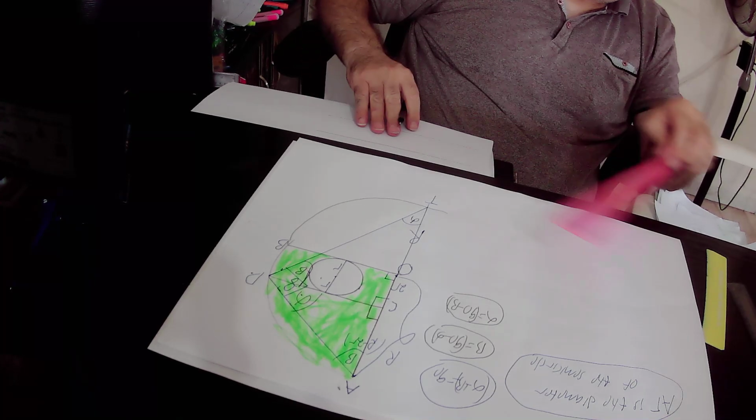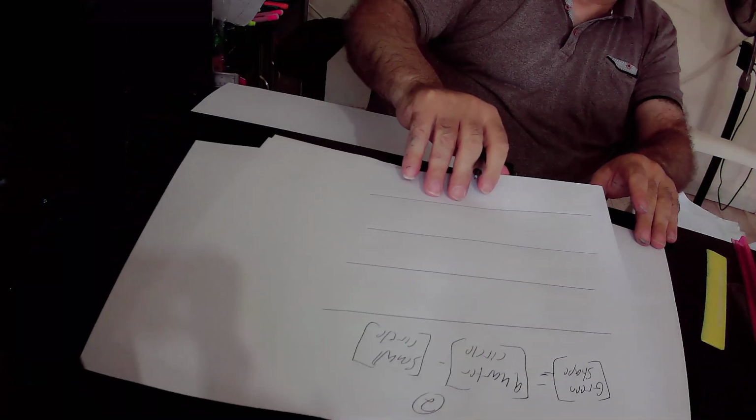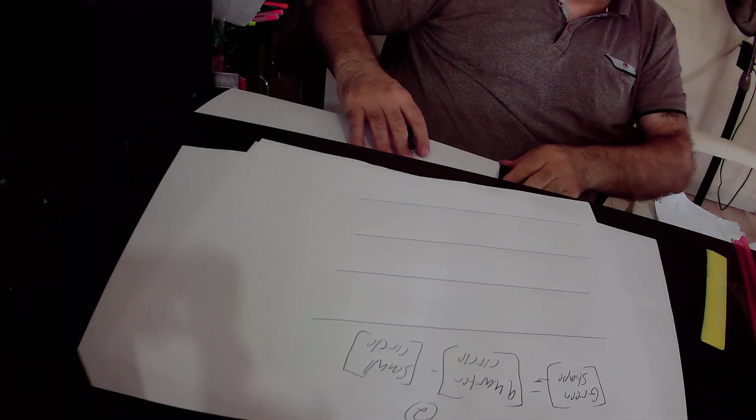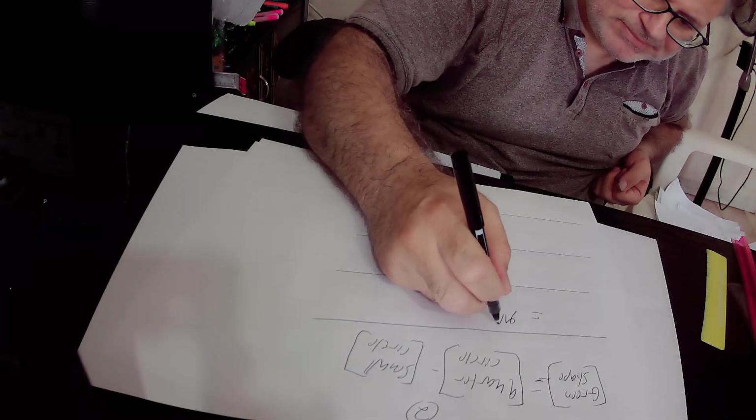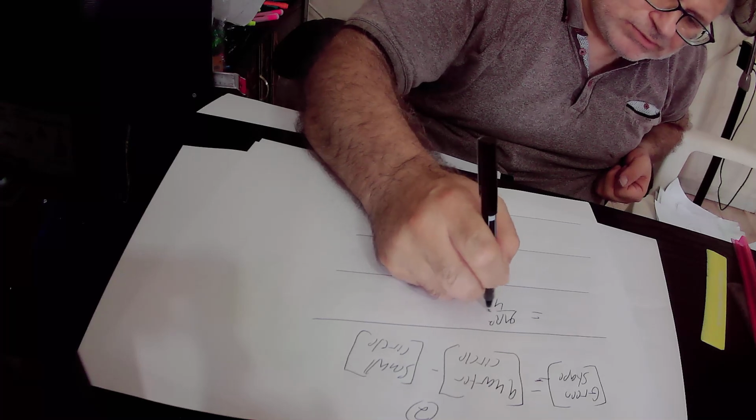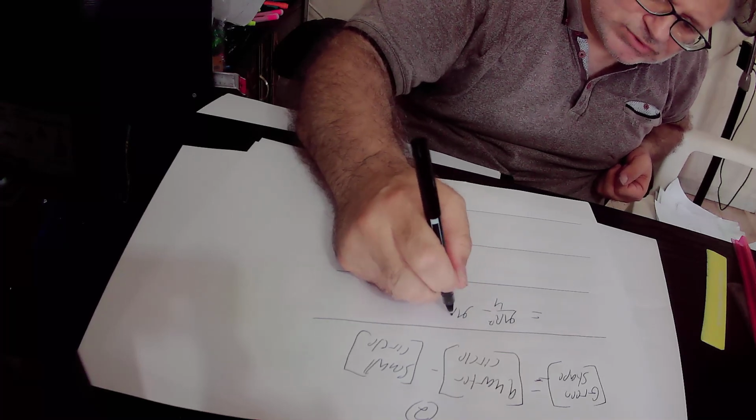I repeat again, the area of the green shape equals the area of the quarter circle minus the area of the small circle. We have already found out that the area of the quarter circle equals pi times capital R square over 4, minus the area of the small circle, that is pi r square.